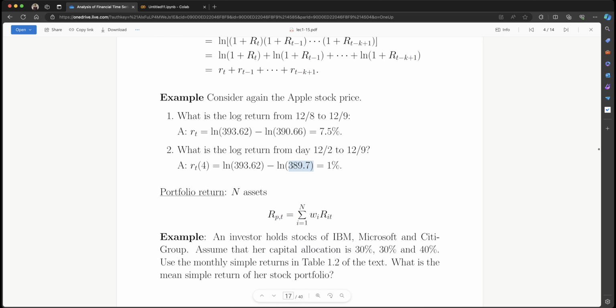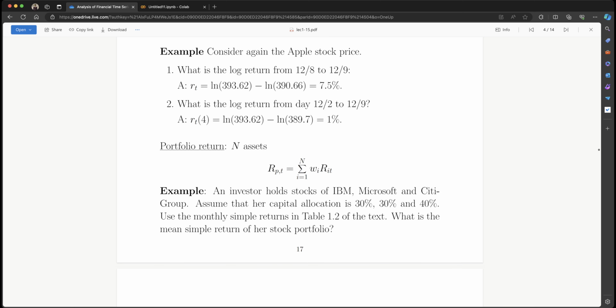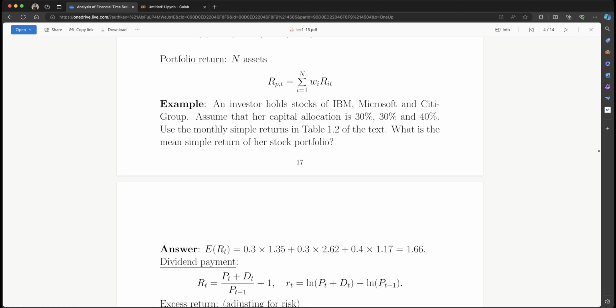Now portfolio return. Until now we have seen return for just one asset. How about portfolio return? A portfolio is a bundle of several assets. The portfolio return is basically the weighted average of each one, where W is the weight and RIT is the return of asset i in the portfolio. For example, an investor holds stock of IBM, Microsoft, and Citigroup.